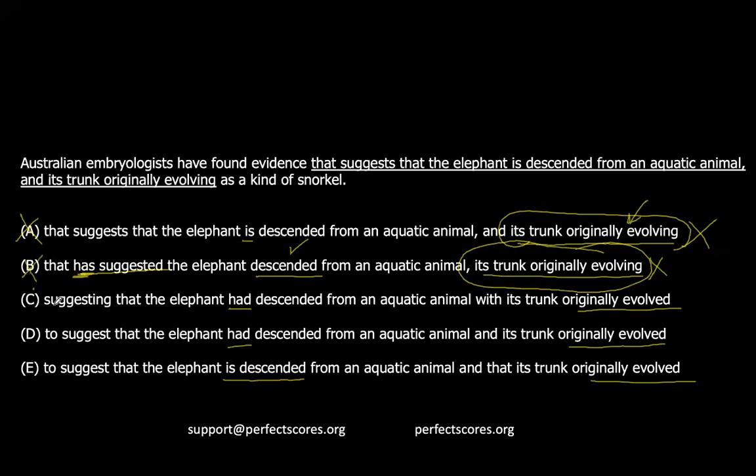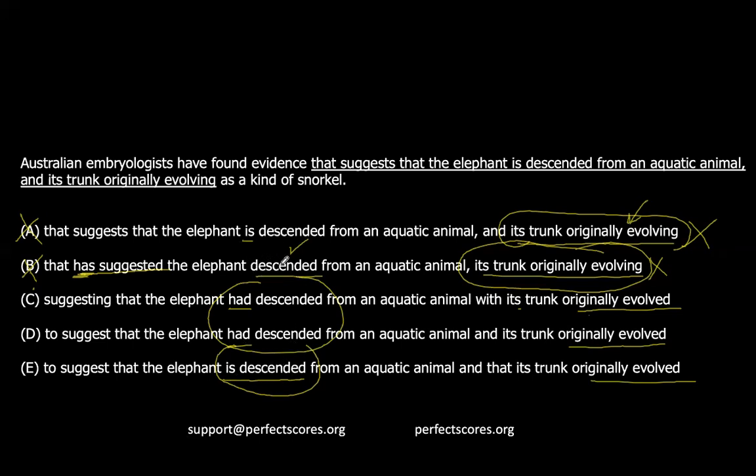Okay, let's look at C, suggesting. They have found evidence suggesting that the elephant had descended with its trunk originally evolved. Now, see over here, "had descended" and "is descended." Priyanka, you said you're choosing option B because of "is descended" versus "had descended," right?